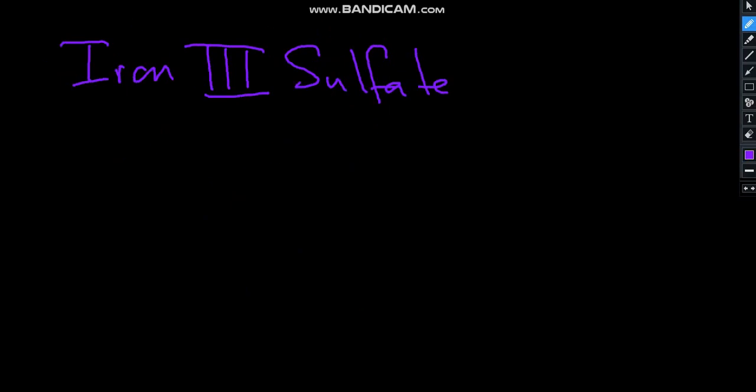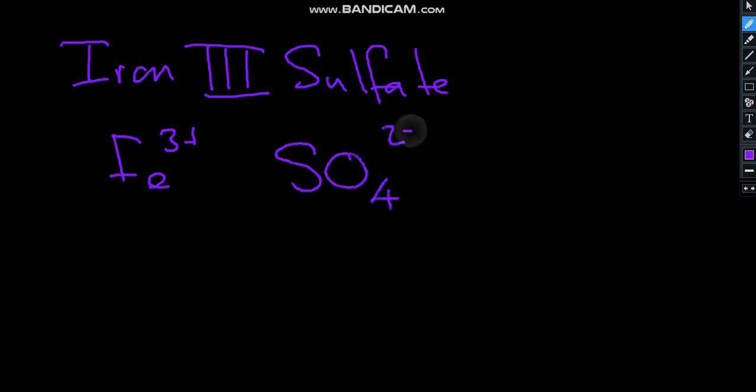Let us look at another example that is of iron 3 sulfate. So here iron, it is a transition metal, so it will have a +3. Then a sulfate, SO4, -2. So you crisscross the charges.